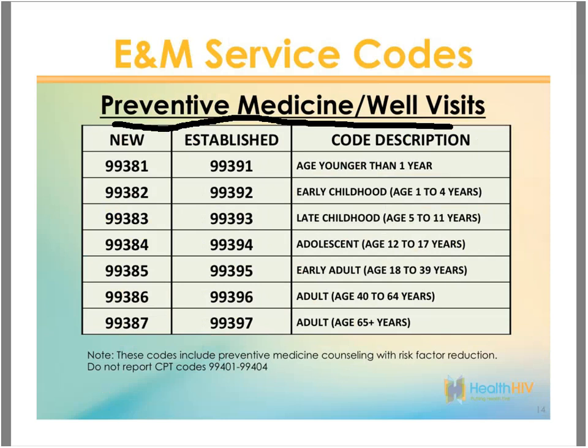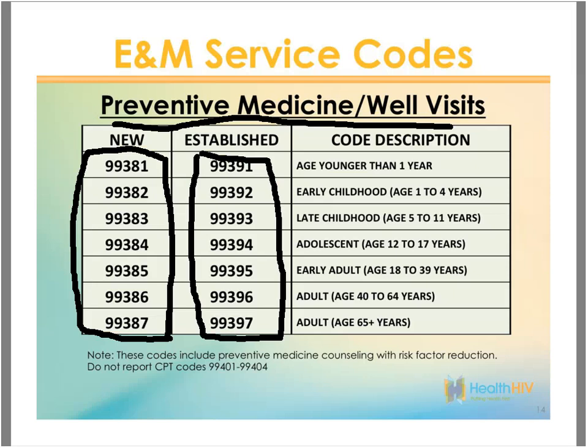Typically, your new patient well visit codes are used for patients whom have not seen a physician within the past 3 years. And then you have your established patient well visit codes. And these codes are used for patients that have been seen for a well visit encounter within the past 3 years. And keep in mind that these codes include the counseling component.